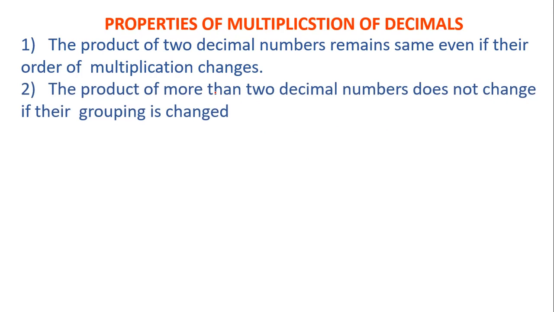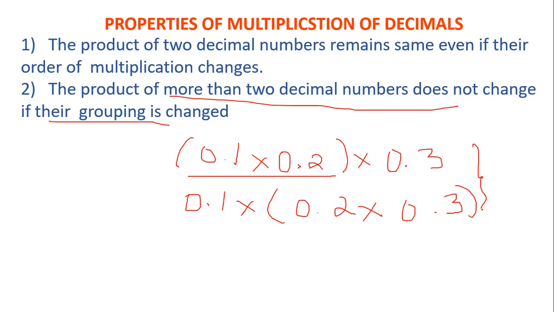Second one, the product of more than two decimal numbers does not change if their grouping changed, which means, for example, 0.1 into 0.2, I put it in the bracket to make these two numbers as one group. Then I will multiply this 0.3.